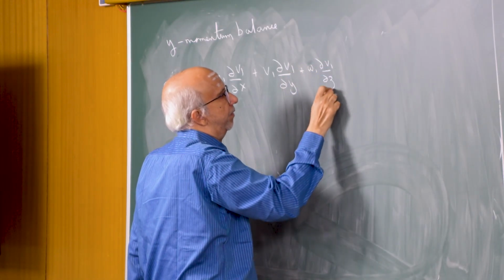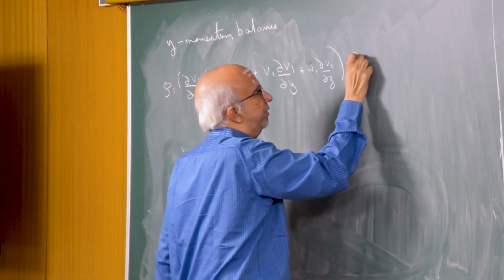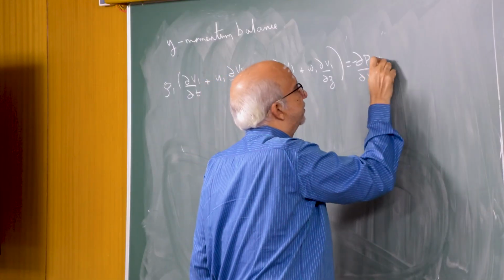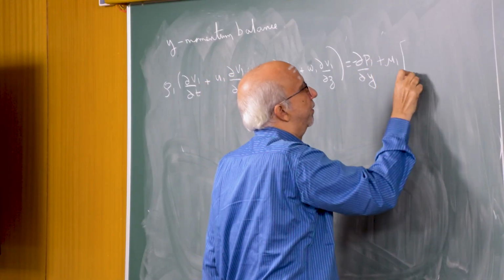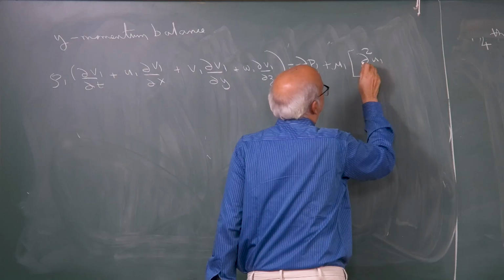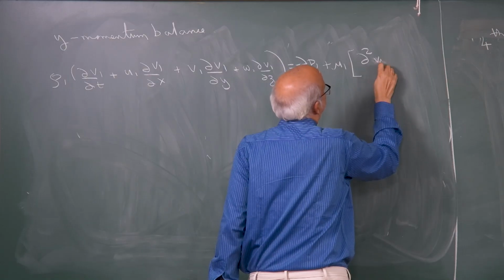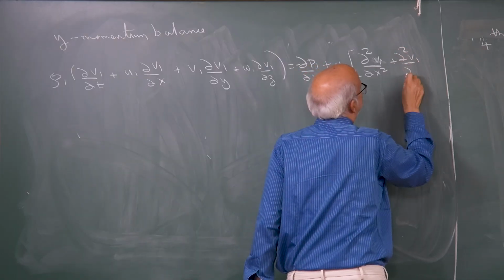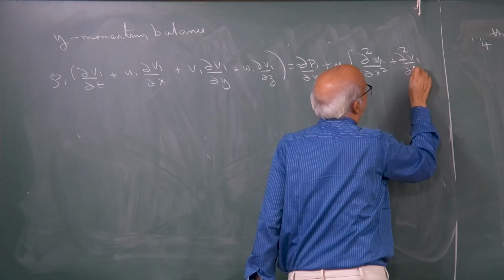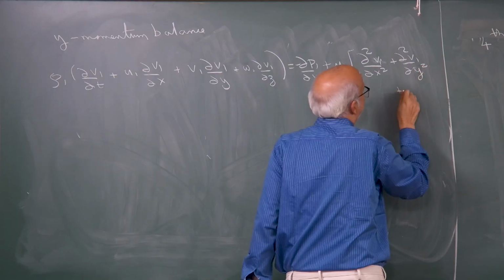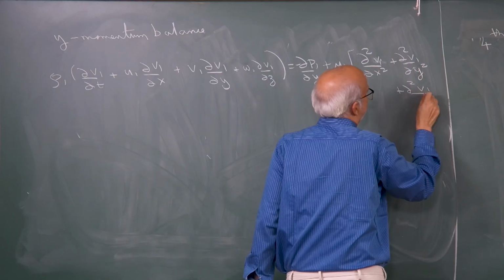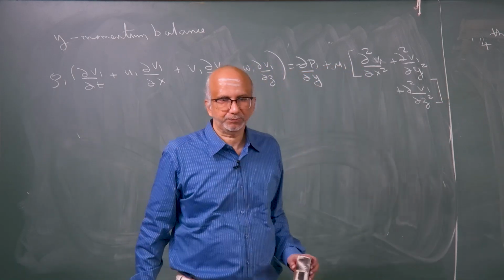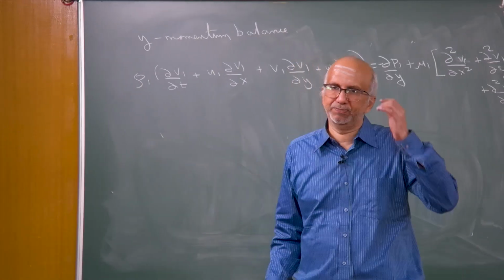The equation is minus dp1 by dy plus mu 1 times d square v1 by dx squared, and so on. That is your y momentum equation.